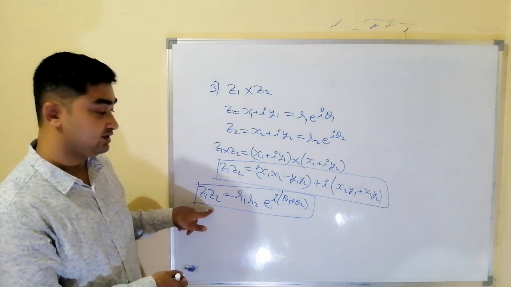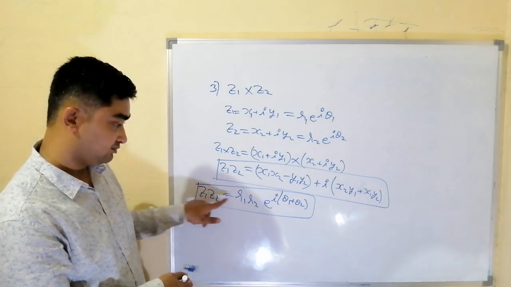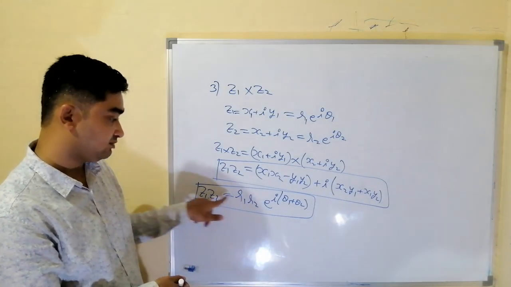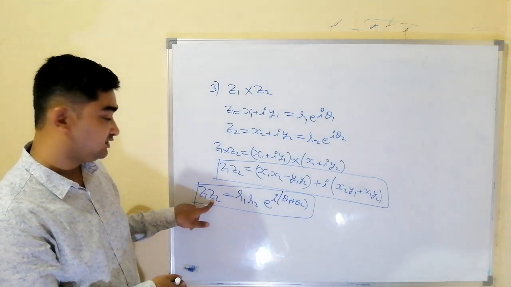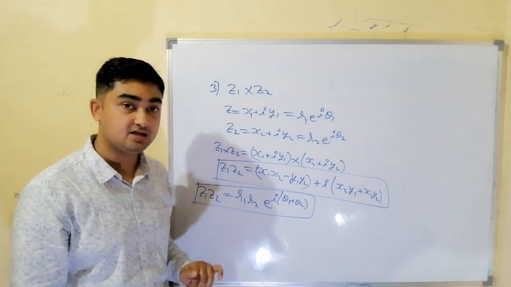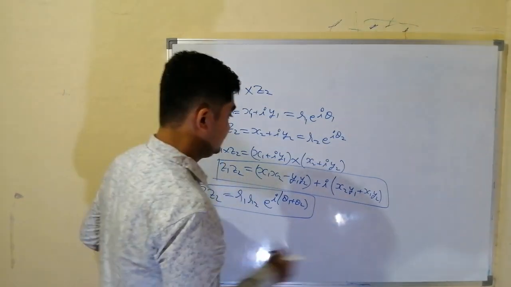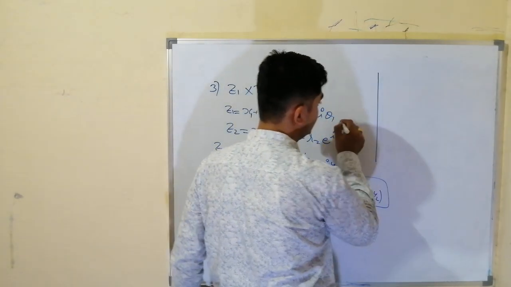The modulus of the new complex number is equal to the product of these two moduli. And what about argument? Arguments are added. We can see it geometrically.